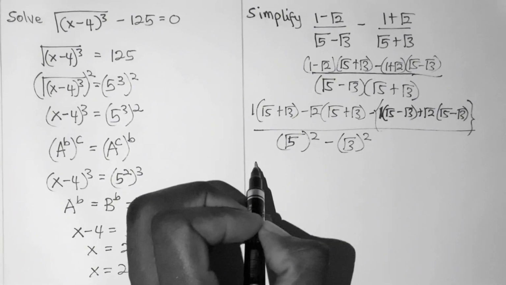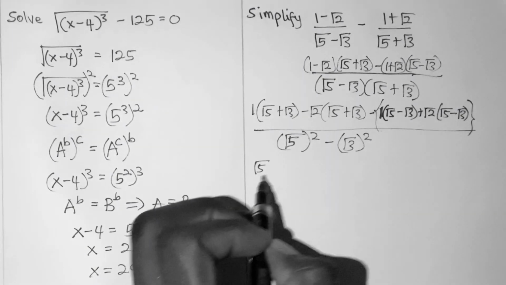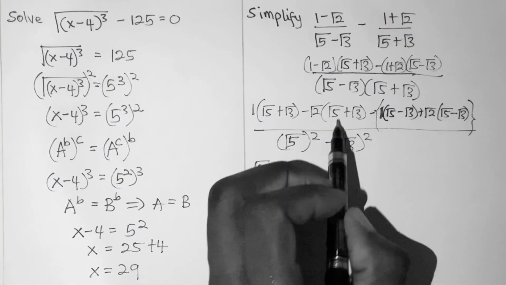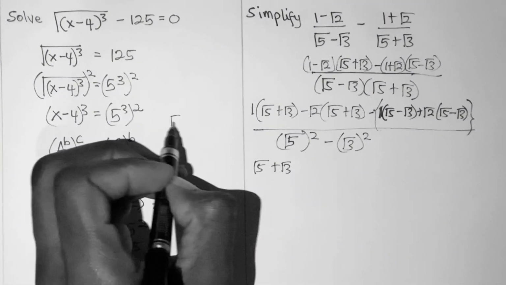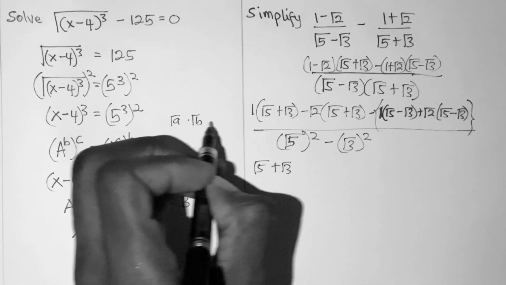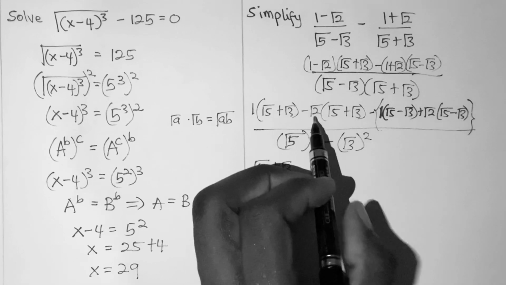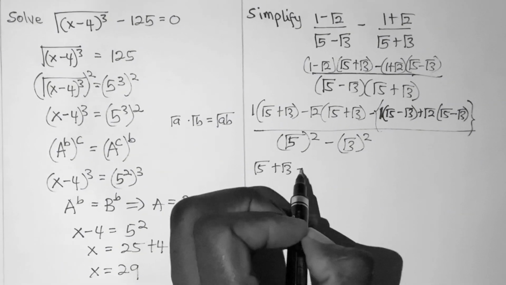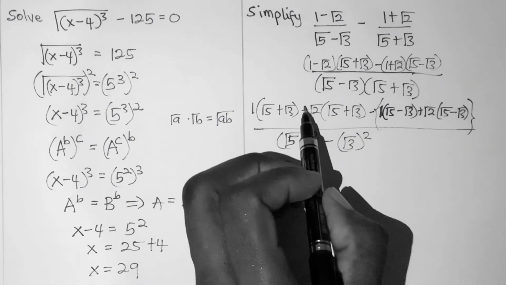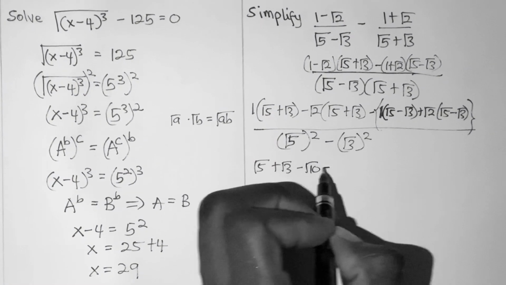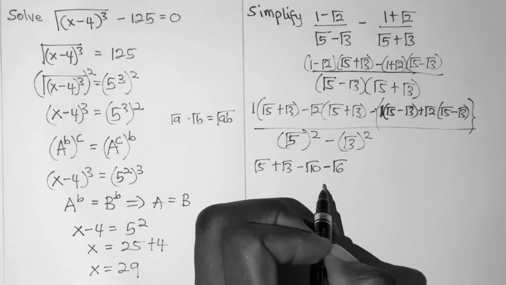So 1 times root 5 is root 5. 1 times root 3 is root 3. Now root 2 times root 5. Remember that root a times root b is equal to root ab. So root 2 times root 5 is root 2 times 5, which is minus root 10. And then minus root 2 times root 3 becomes minus root 6.